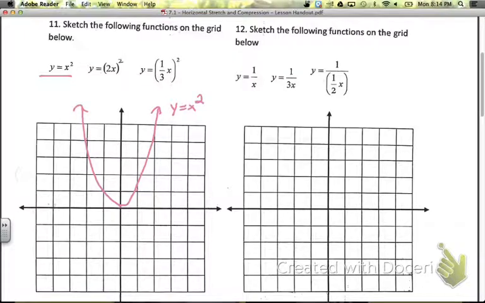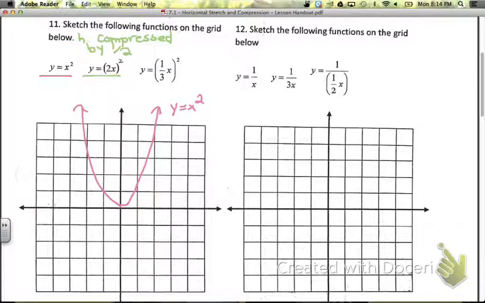Now we're going to go ahead and graph our next function. Our next function here is y equals 2x all squared. So we notice that 2 is inside the brackets with our x, and therefore this would be horizontally compressed by a half.